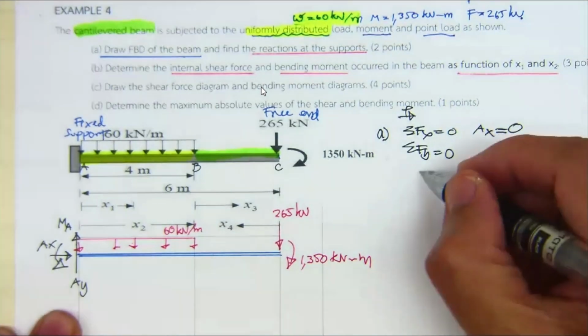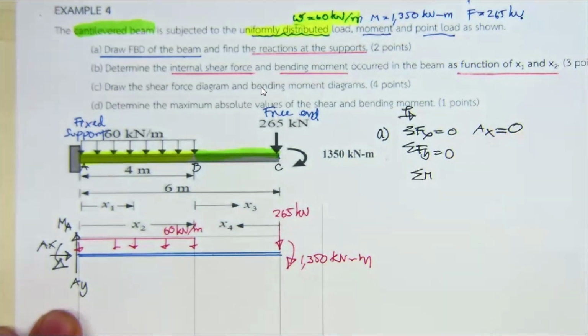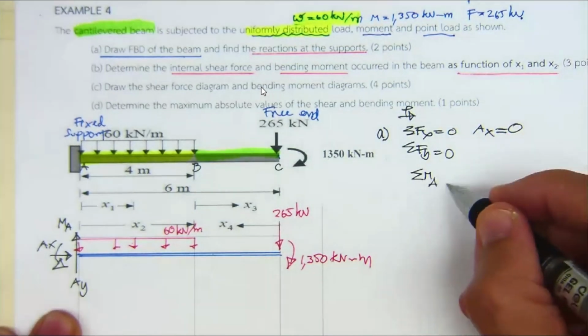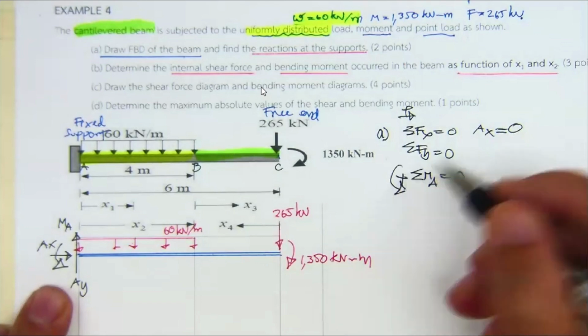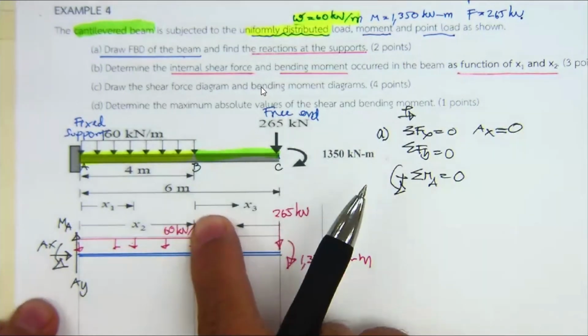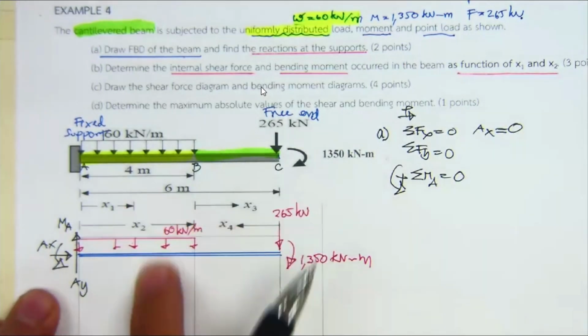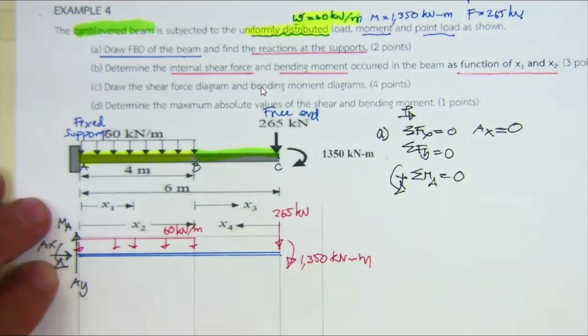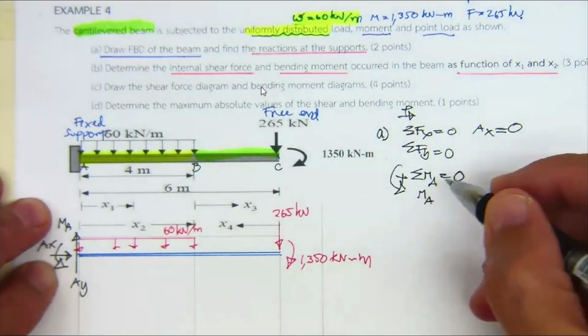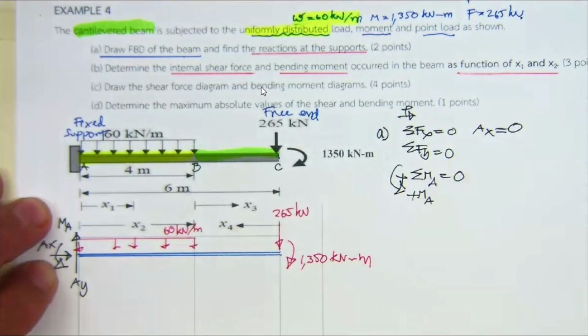You can take the moment first if you prefer, it's up to you. But most of the time, we take the moment equal to 0. Take this direction to be positive. Why? Because the load rotates clockwise, so this one must rotate counterclockwise. So we have M sub A rotating in this direction.